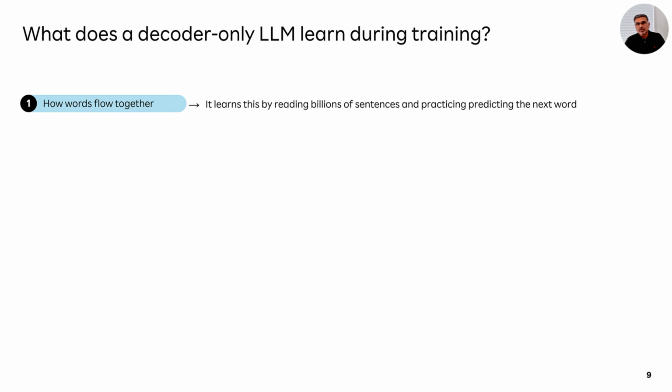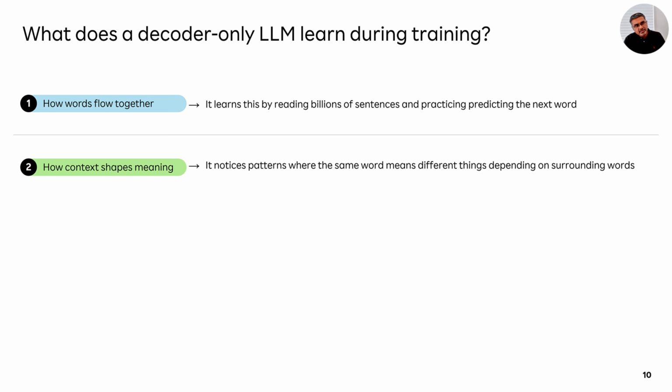We hone our skill of sentence construction by reading a lot of books, by writing a lot of sentences, paragraphs, and so on. So as part of training, we expose pretty much internet scale data to this transformer, and it has studied all combinations that are possible, at least those that are there in the internet scale training data set, to figure out how words flow together.